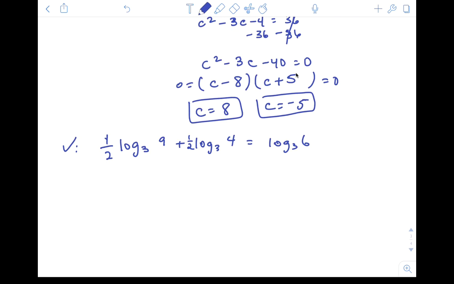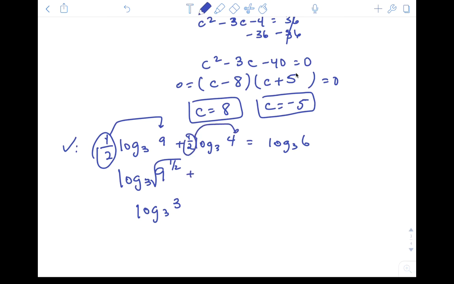Okay, so what do we have? Different ways of doing this. Okay, so the 1/2 can go up with the 9. So log base 3 of 9 to the 1/2. Well, that's really the square root of 9, right? 9 to the 1/2. So the square root of 9 is 3. And in here, this 1/2 goes up there.